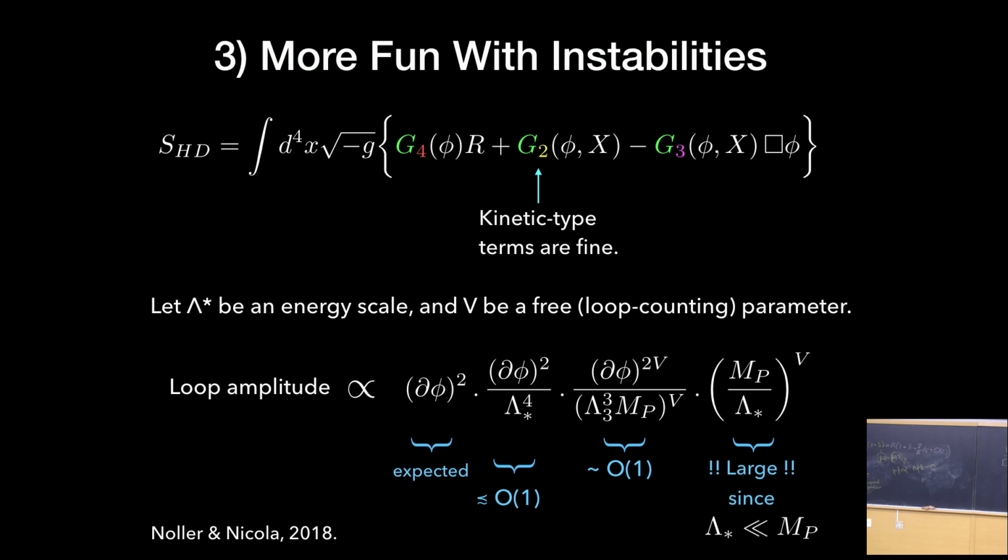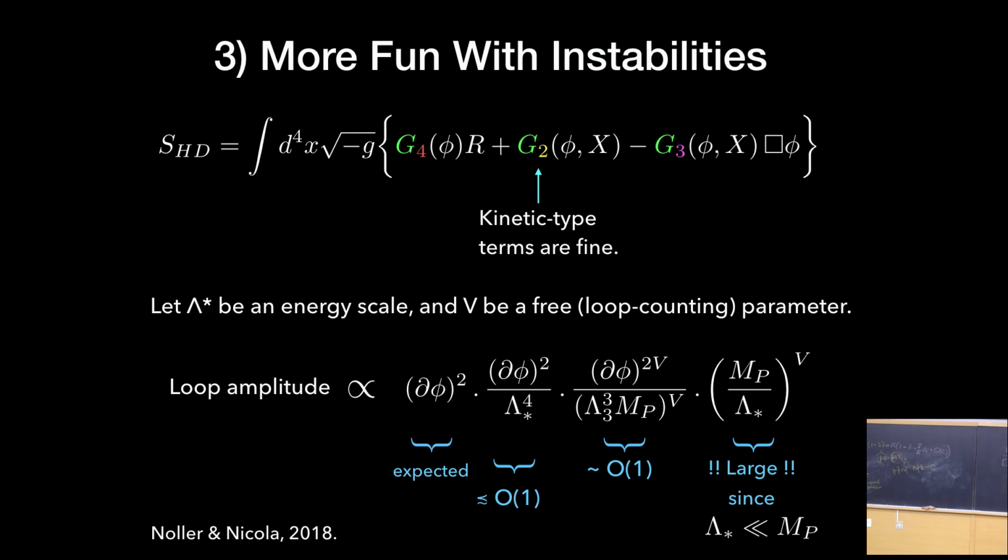This term here, note that it has the Planck mass divided by this energy scale lambda star, which we said was smaller than the Planck mass. And this is raised to some positive power V. So this thing here, unless you are doing Planck scale physics, which we're not, is really big. And that's a problem because it means this whole loop amplitude is large.